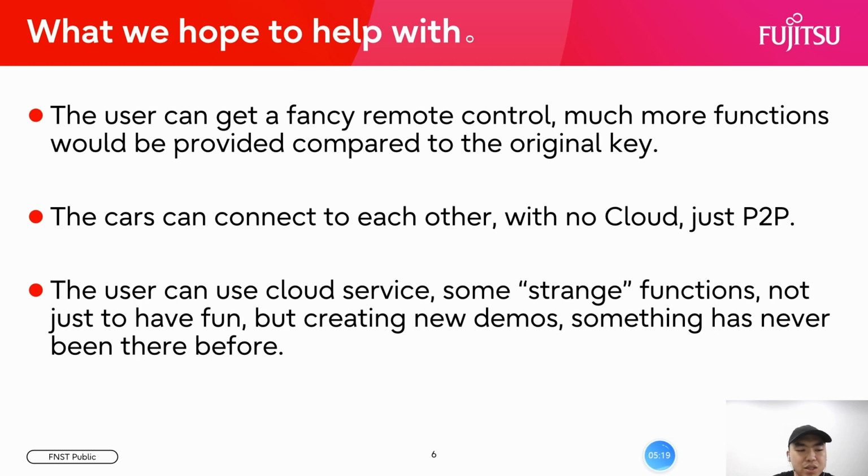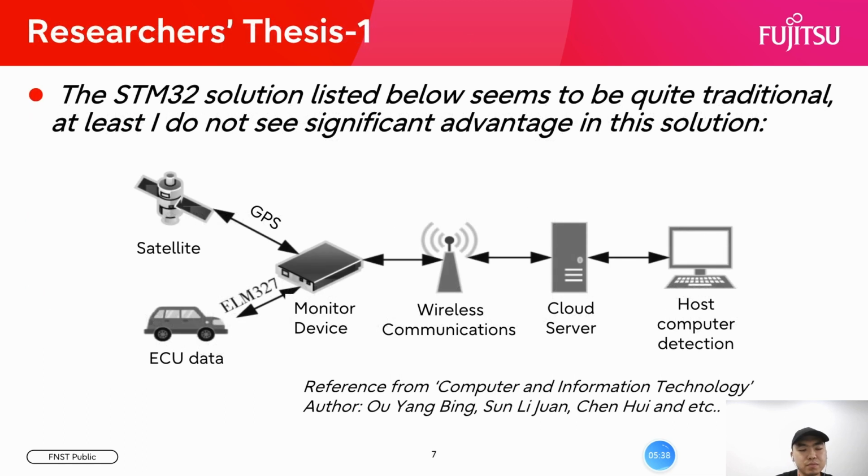Next, I will take a look at some of the researchers' papers in the field of wireless communications on cars. These papers are exactly what we were investigating and setting this topic from. So researcher paper number 1 is from the Journal of Computer and Information Technology.